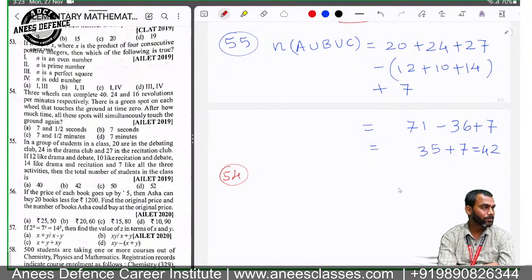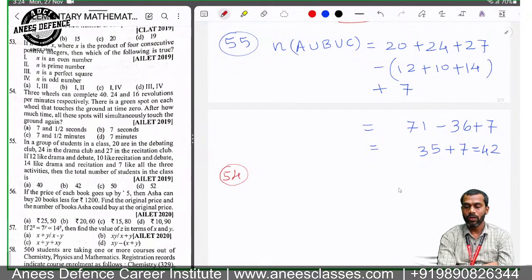Have you understood the question? There are three wheels, and it is already given how many revolutions per minute they complete: 40, 24, and 16. And there is a green spot which touches the ground at time 0.